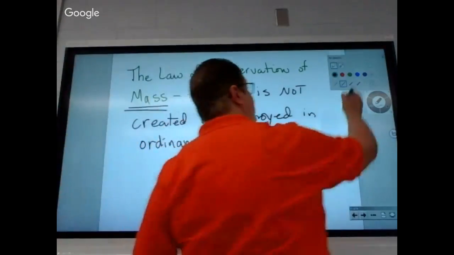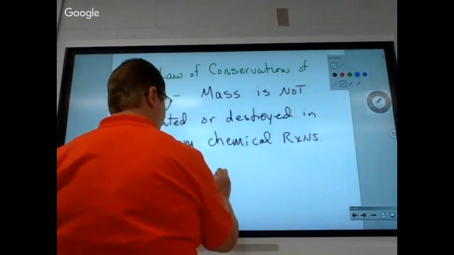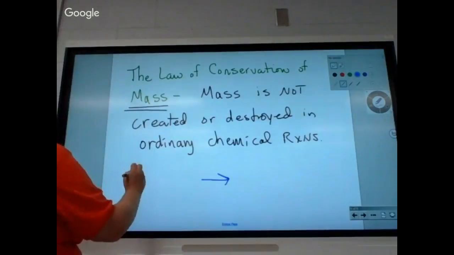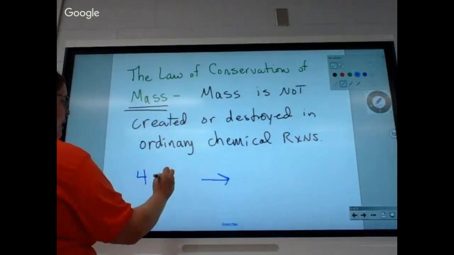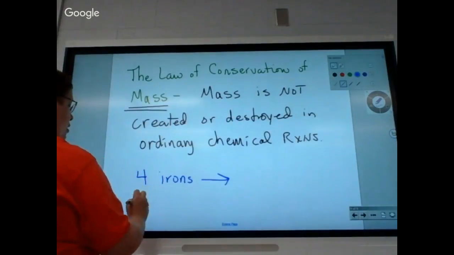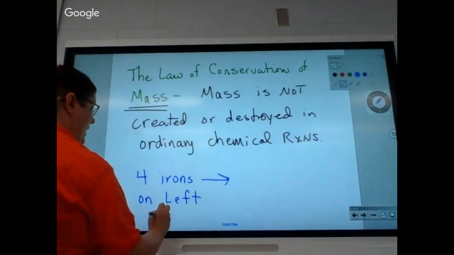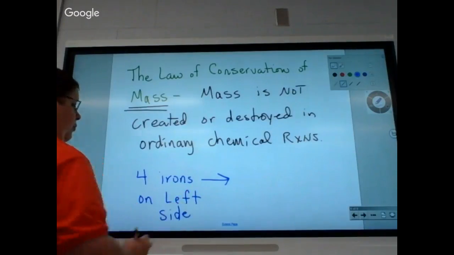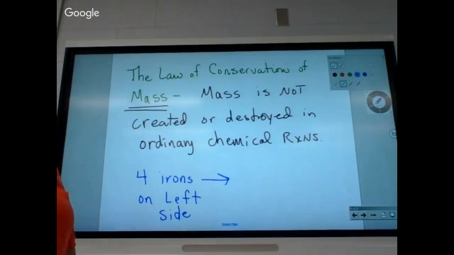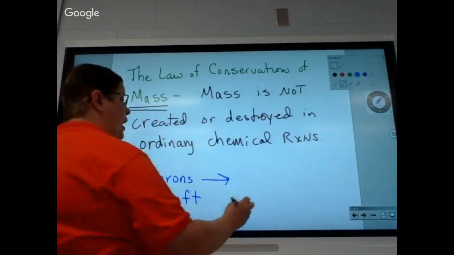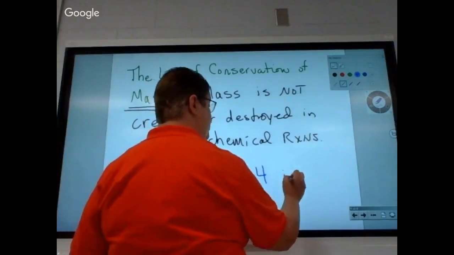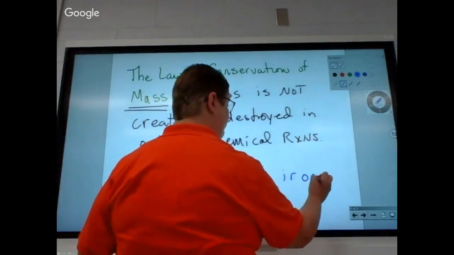So what that means for us is, okay, if there are 4 irons on the left side, we need what? That's right. There have to be 4 irons on the right side.